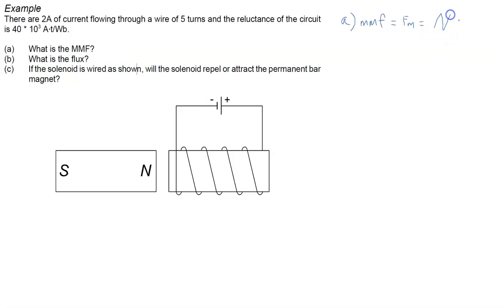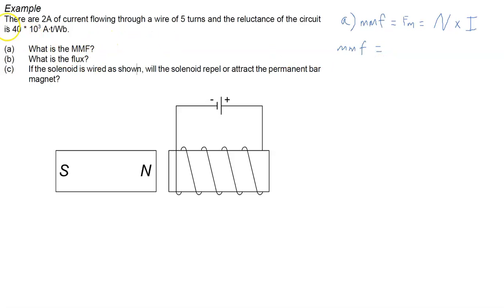It is equal to N multiplied by I, which is the number of turns in the coil multiplied by the current through it. And a lot of the times I'll just use MMF, whether it's lowercase or uppercase, to represent that, and then there's no confusion.